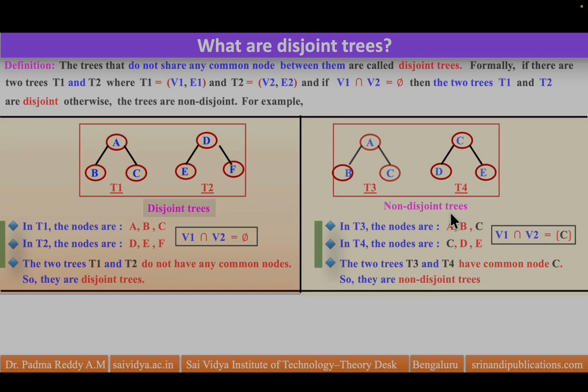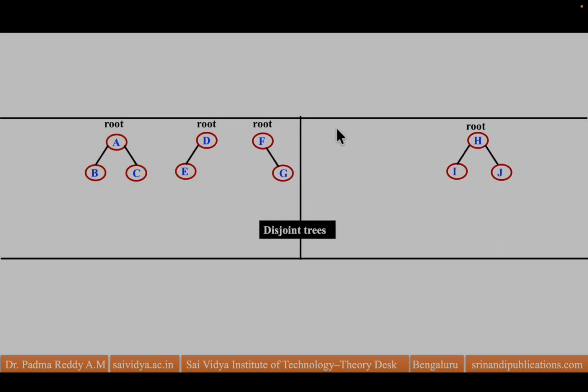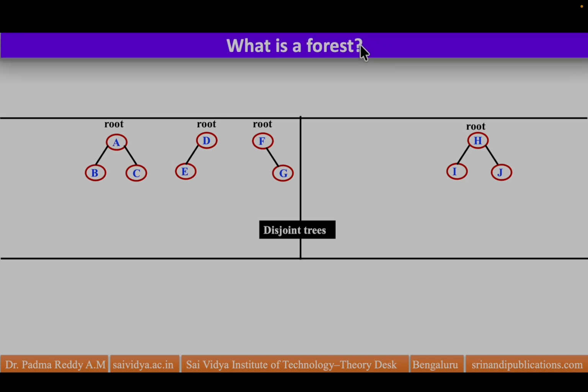When we take multiple trees that do not share any common node and group them together like this, the resulting structure is called a forest. Now let us see what is a forest. On the left hand side we have 3 trees and on the right hand side we have only one tree.